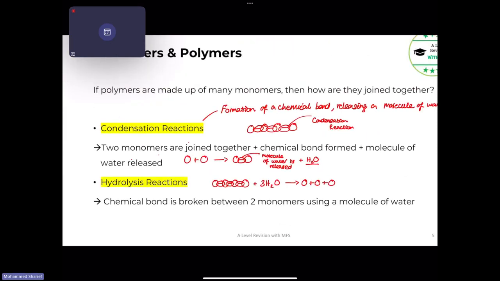Now, the way to remember this: condensation should be rather simple. If something's condensing, what is being released? Whenever gas is condensing, water is being released. So just think about it as that. Hydrolysis, you're going to be using the word hydrolyze a lot, and hydrolysis means breaking. Lysis means to break, and hydro means water.